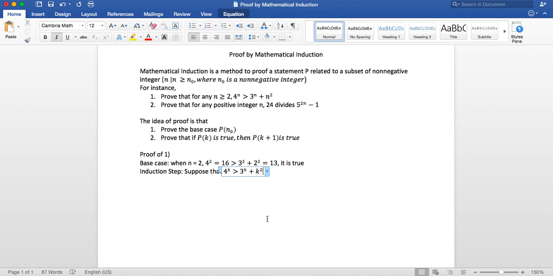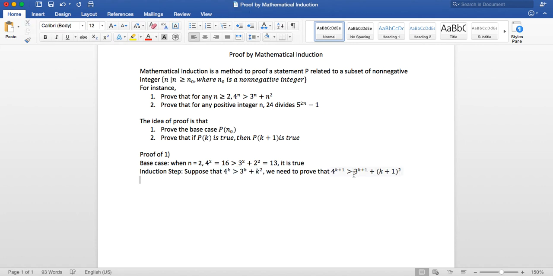Now, based on that assumption, we need to prove that 4 to the k plus 1 is greater than 3 to the k plus 1 plus k plus 1 squared. That means based on this assumption, you need to prove this is true.